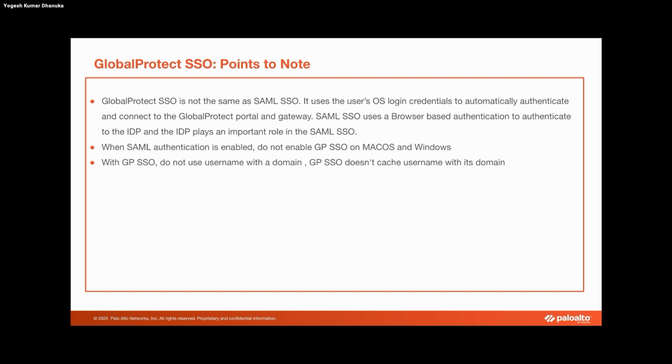And when we are using GlobalProtect SSO, it does retrieve the credentials, but it retrieves the username and not with the domain. So the SSO does not cache. So that needs to be configured by default in an LDAP profile. You can define the domain there.